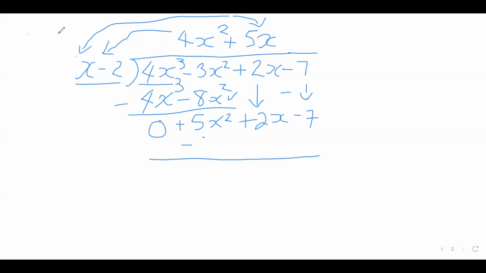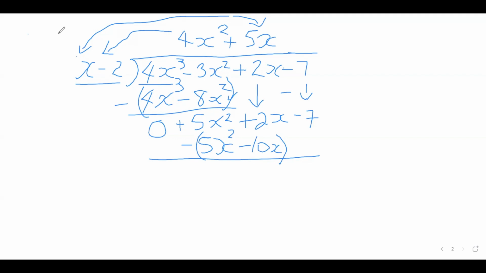So we're going to have minus 5x squared. And then we're going to multiply -2 times 5x is equal to -10x. Okay, I should put the bracket so we don't get confused. So the bracket should be there, right? And so that would be 10x.